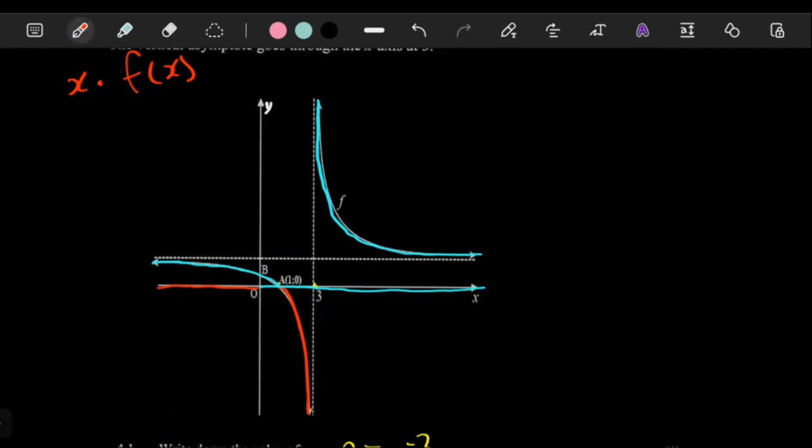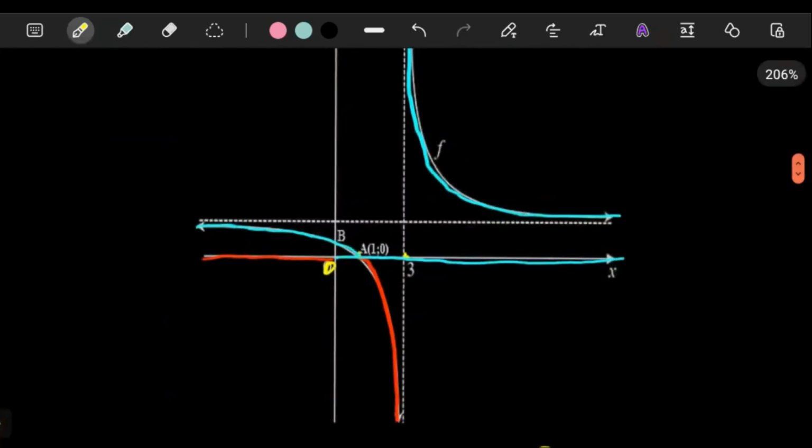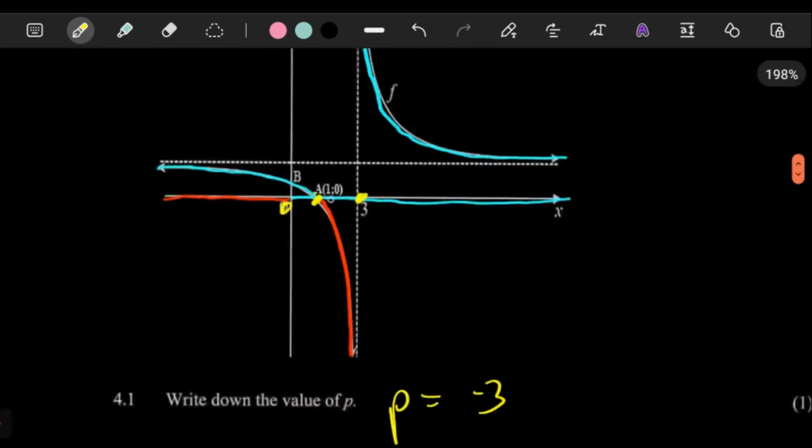So the only scenario where we have something that qualifies for our answer is from 0 to negative infinity, and from 1 to 3. From 1 to 3, you can see you have these negative Y values and a positive X value. Here you have this negative X value, and up here you have these positive Y values.